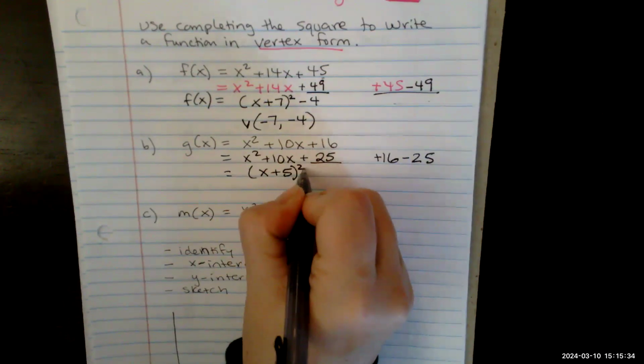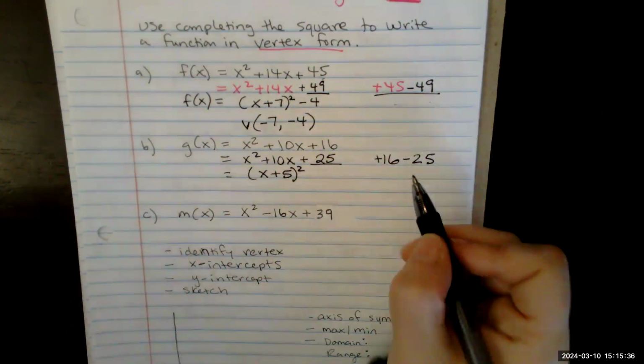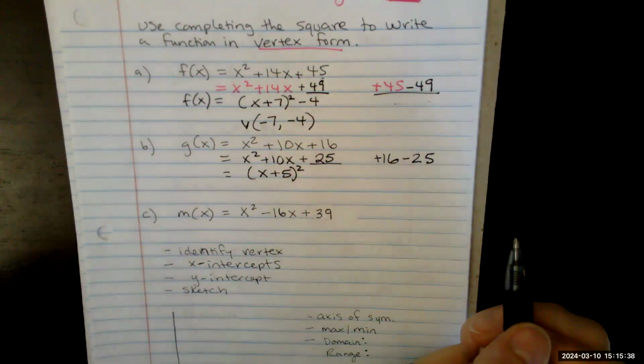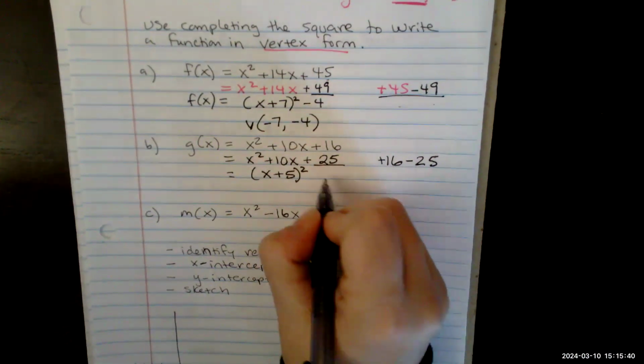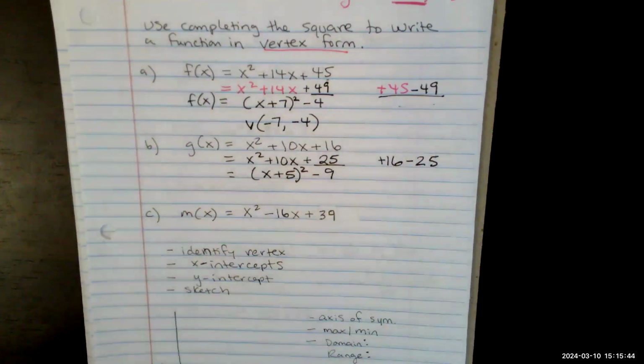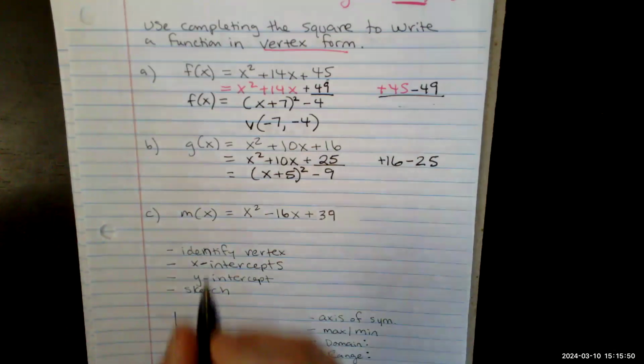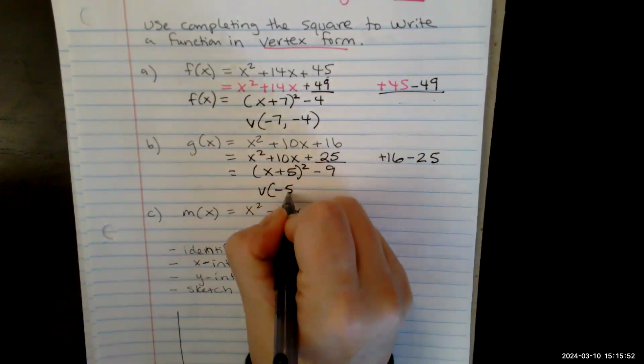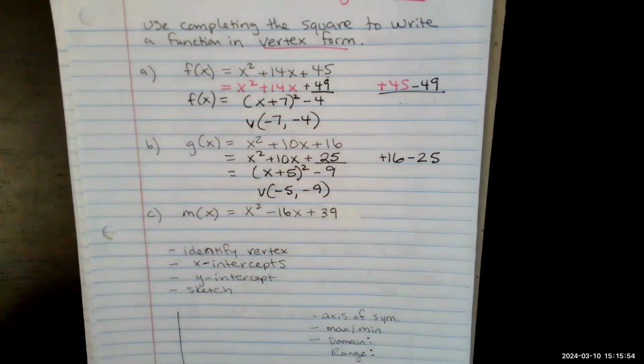This can be written now nicely like that. And 16 minus 25 is -9. So my vertex, if they ask me, would be -5, -9.